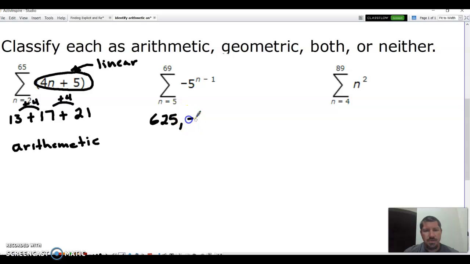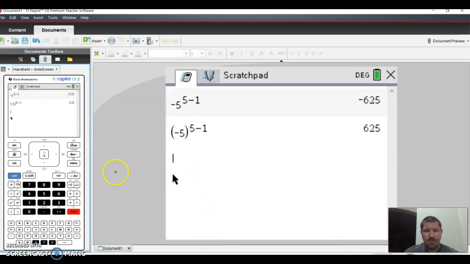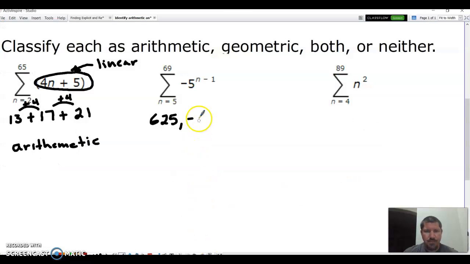Then the next one is going to be negative. So if I multiply that by negative 5, well, let's just show you. So negative 5 raised to the 6 minus 1 is negative 3125.